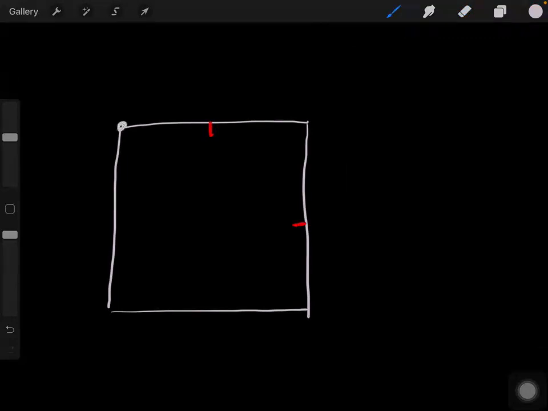So it starts from one end and goes just a little bit beyond the midpoint. Similarly, my next arch will start from the other end. And there you go.